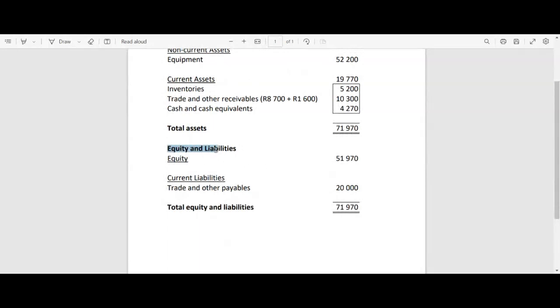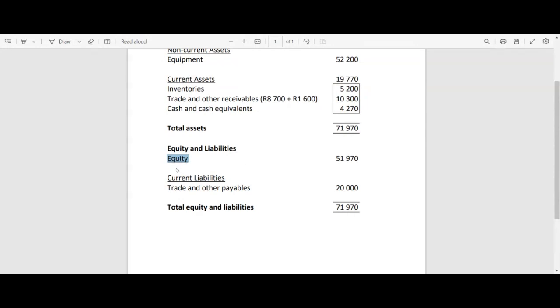So there we've got our equity and liabilities. First of all, the equity part, I would have preferred to have another line item below it describing it as owner's capital, right? So you've got equity and liabilities as the heading for this whole section.